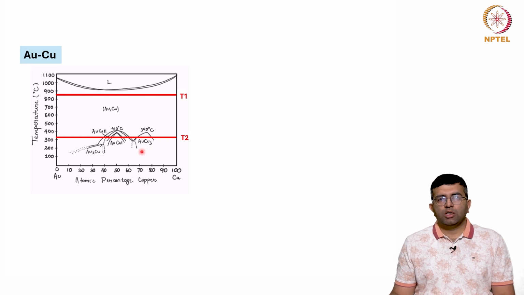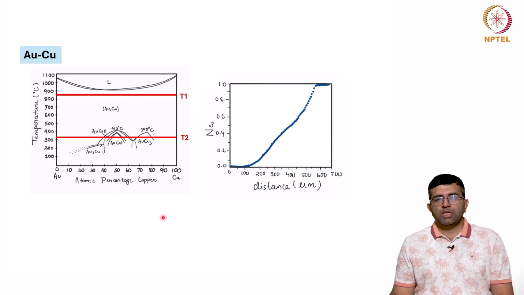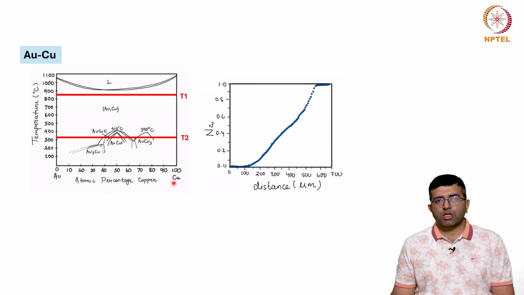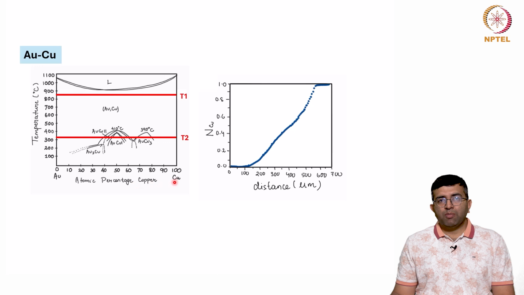Now let us see, what I am going to do is show you this profile. You see that this is the profile obtained when a gold copper diffusion couple was annealed. It may have been annealed at temperature T1 or T2, but can you guess which temperature it likely corresponds to?